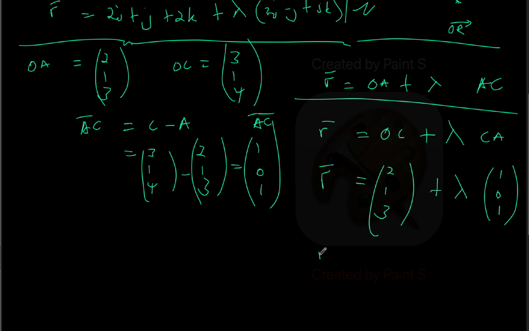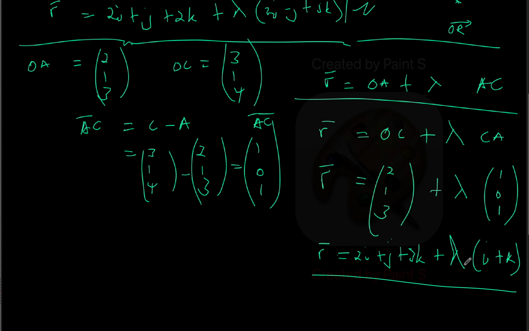This can be rewritten as I said before: R bar is equal to 2i plus j plus 3k plus lambda of i plus k, because there is no j component.